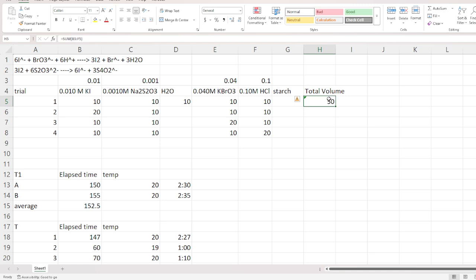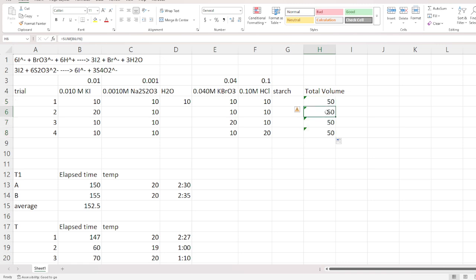Now, one of the cool features of Excel and Google Sheets is that since I'm referring to boxes and not numbers, I could have a repeating equation. So you'll see here as my mouse hovers over this, it goes from this fat plus to, when I move it down to the corner, a very skinny plus. When I press down on the corner, the skinny plus, I can drag this cell down.